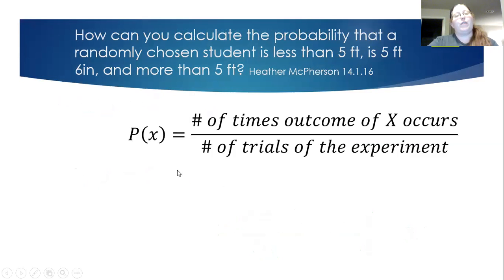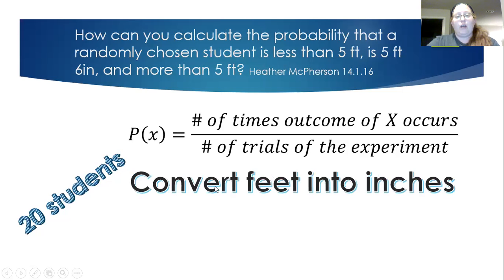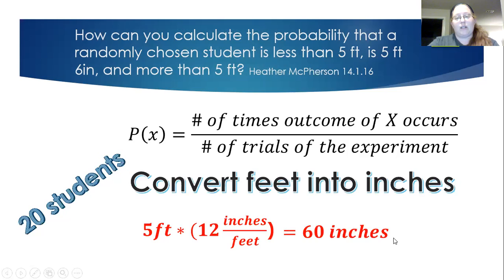So you have to know the equation is P(x) equals the number of times outcome x occurs divided by the number of trials of the experiment. There are 20 students, which we have been told in the question, and we want to convert feet into inches first. So we're looking at 5 feet: 5 feet times 12 inches per foot equals 60 inches.